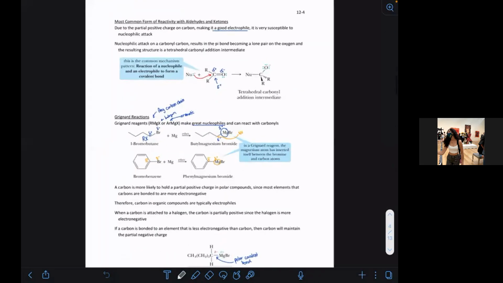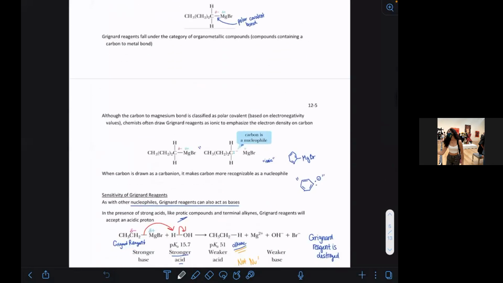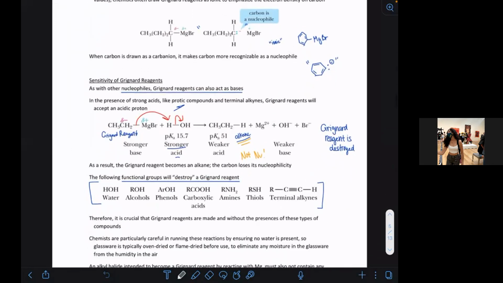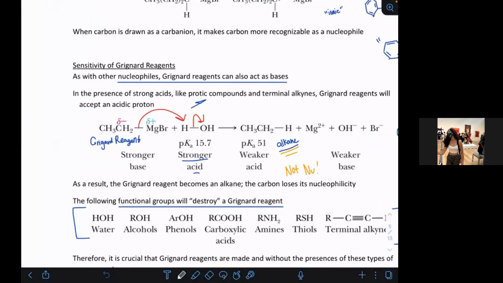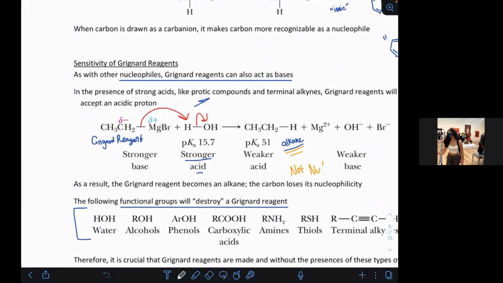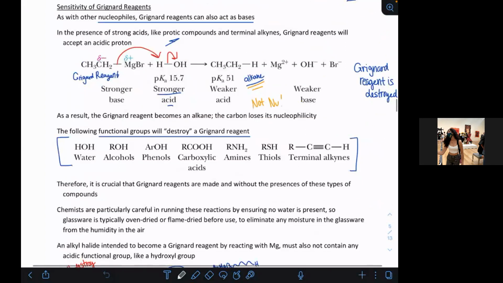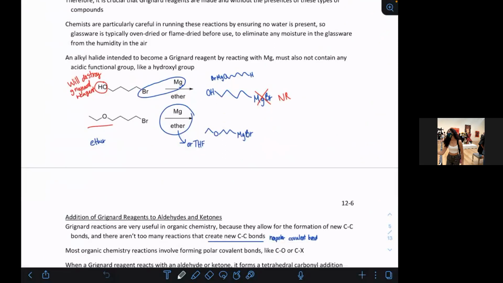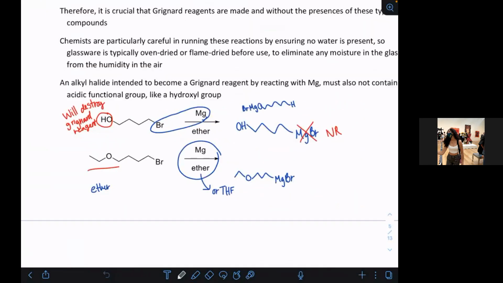Okay. So this is Grignard's. This is also showing the second half of the reaction where it's protonated. I wonder if, like in her example, the OH will destroy it.